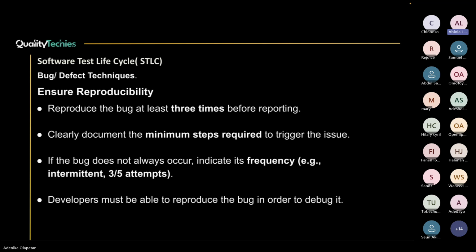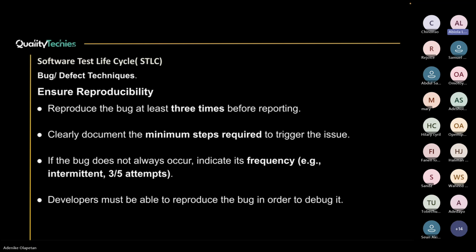So for instance, maybe you want to log in, or you want to launch a URL. When you are launching a URL, you must be able to launch it on different browsers. So maybe when they just give you the URL, you use your Microsoft Edge and it's not launchable. You quickly log it. You don't know that if you launch it on Safari or Chrome or Mozilla, it's working.